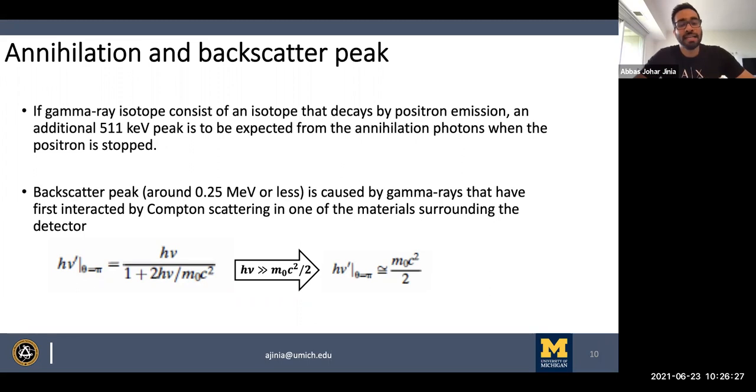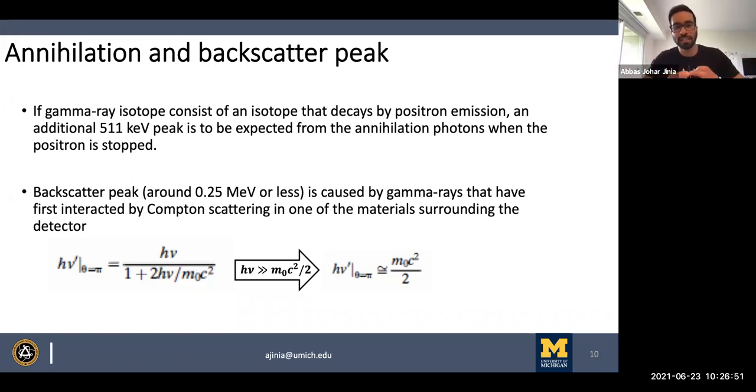Now, the other one is a backscatter peak. Where is this backscatter peak coming from? Let's think of this. We have a detector, and this detector has to be protected from temperature, or basically protected from getting damaged.